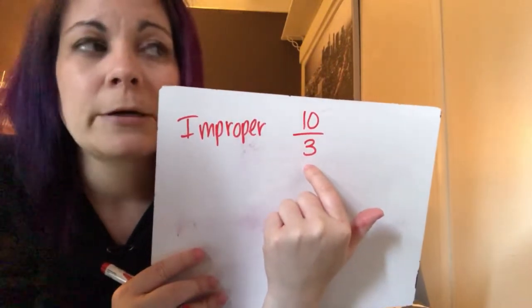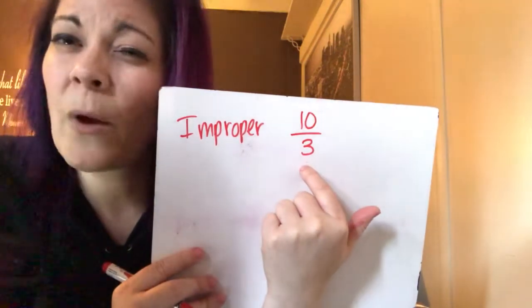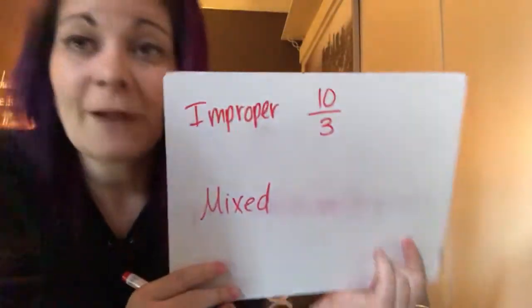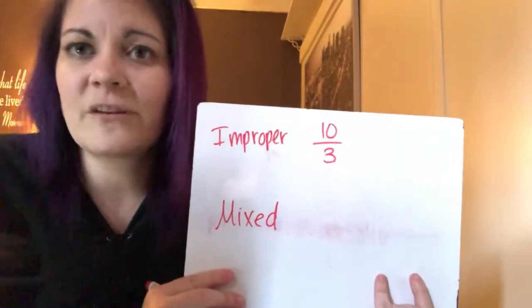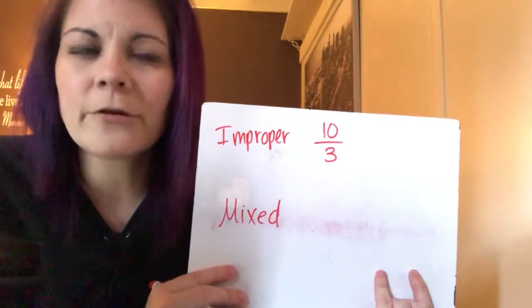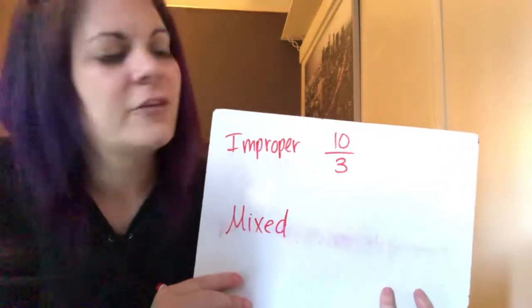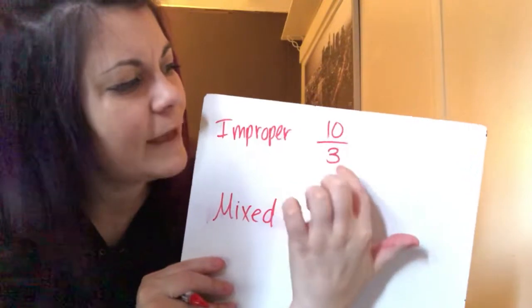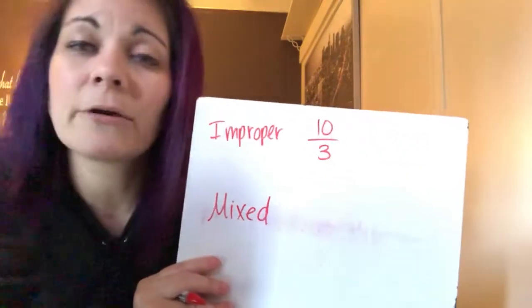So improper. How do we change it to a mixed fraction? Well, tell you the truth, fractions are just division problems. So 10/3 means 10 divided by 3. So we'd say to ourselves, how many times does 3 go into 10 without going over?